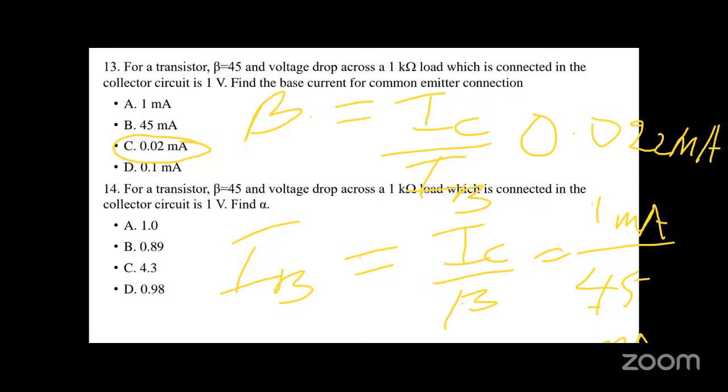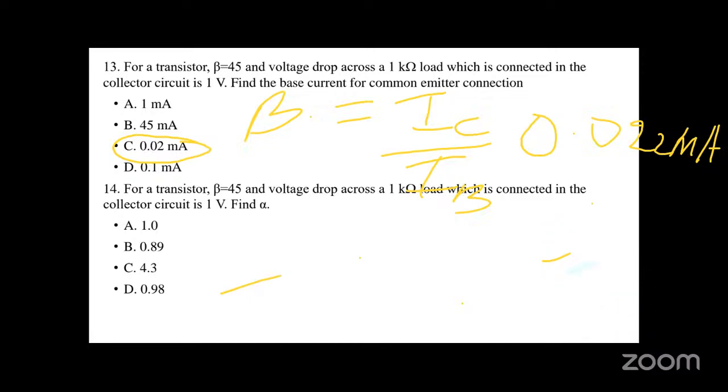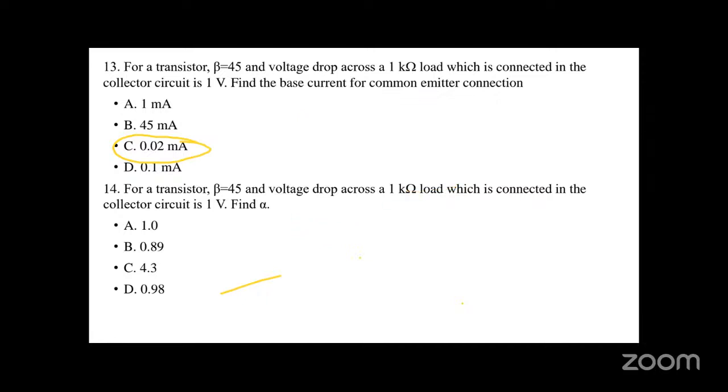Find alpha. Alpha is current amplification. That is, alpha is equal to IC over IE.